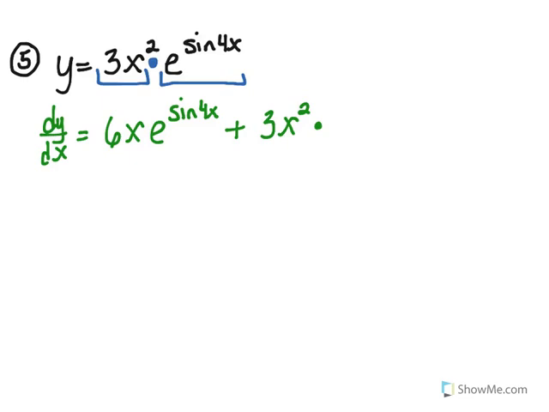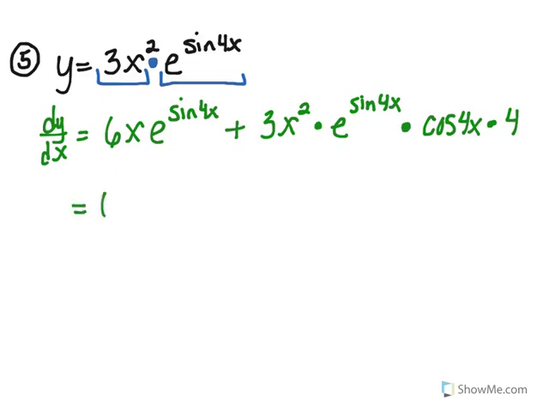So the derivative of e to the something is exactly itself. But now I have to multiply by the derivative of sine 4x. Well, the derivative of sine is cosine. But then since it's cosine of 4x and not cosine of x, I also have to multiply by 4. So there's a lot going on in that part of the problem.